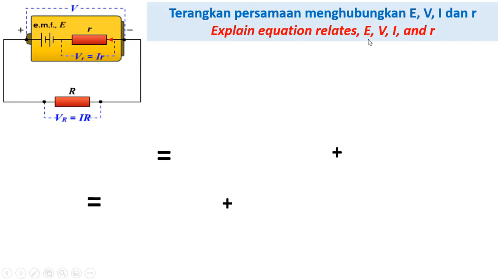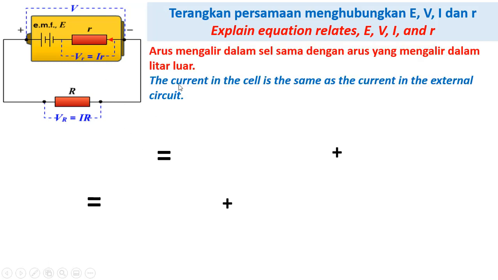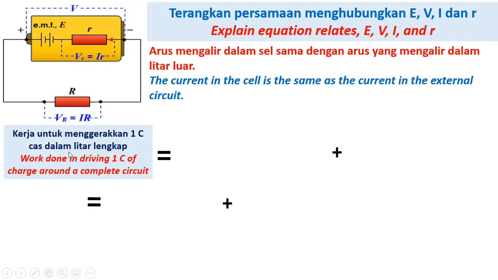Now we explain by using a mathematical equation. E refers to EMF, V is voltage, I is the current, and small r is the internal resistance. EMF is the big value, the big energy, the source of energy. The current in the cell is the same, so here is I, here is also I. Now we start with the work done in driving 1 coulomb of charge around the complete circuit.